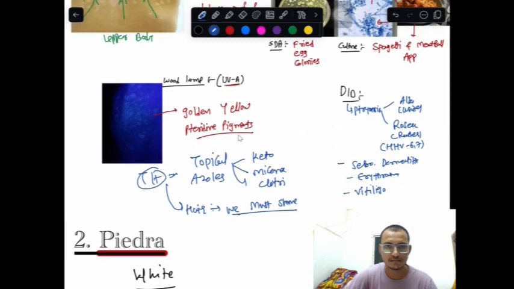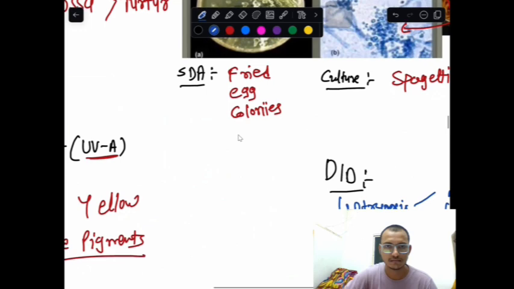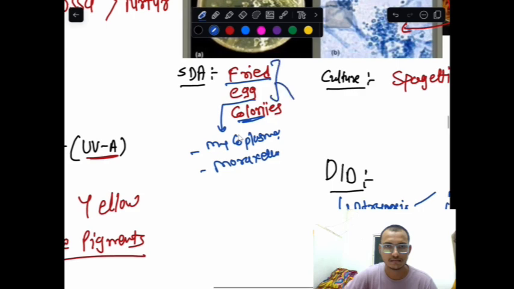So now everyone knows. Now, some other points I want to tell you about is where else we can see this fried egg. We also see it in Mycoplasma and Moraxella colonies. And the fried egg word is also seen in oligodendroglioma, right?